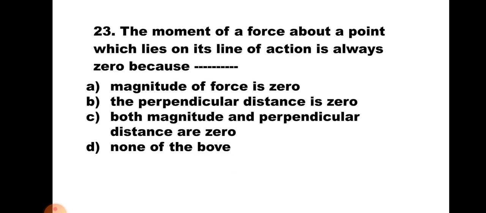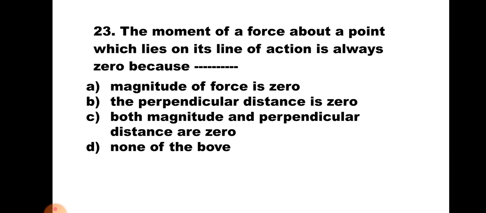Question number 23. The moment of a force about a point which lies on its line of action is always 0 because: A, magnitude of force is 0; B, the perpendicular distance is 0; C, both magnitude and perpendicular distance are 0; D, none of the above.